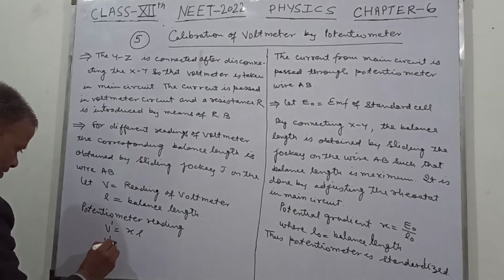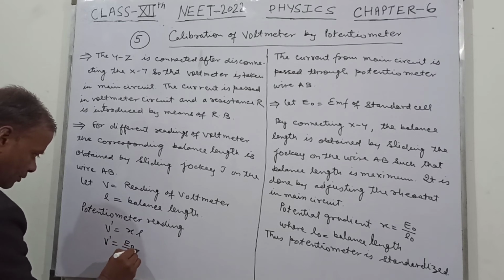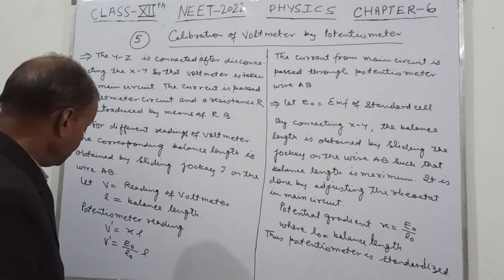So V dash equal to E naught upon L naught into L. This is the potentiometer reading. This is the true value.